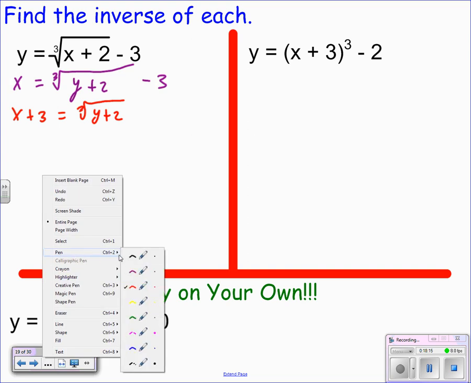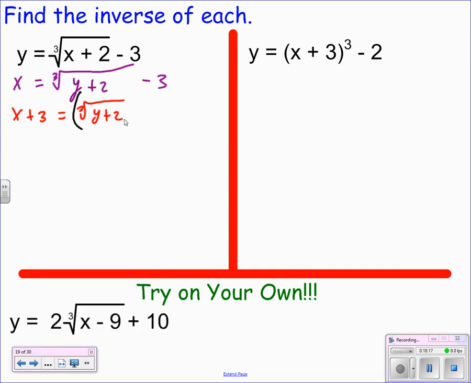To remove the cube root, I have to cube both sides. So on the left I would have x plus 3 in parentheses with a power of 3, and then on the right I just have y plus 2. I no longer have the root if I apply the power of 3, which is the inverse.